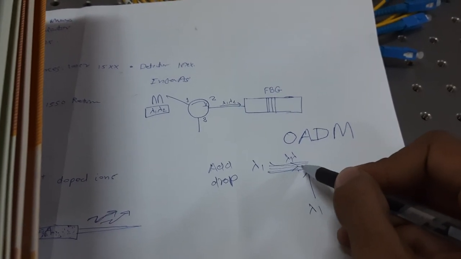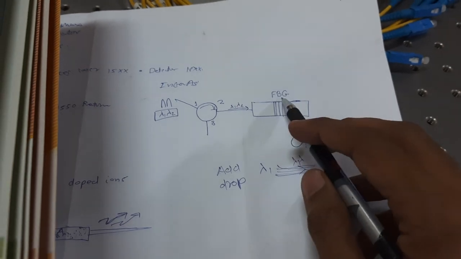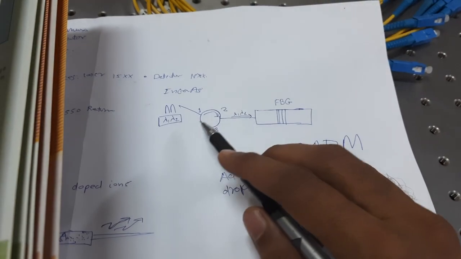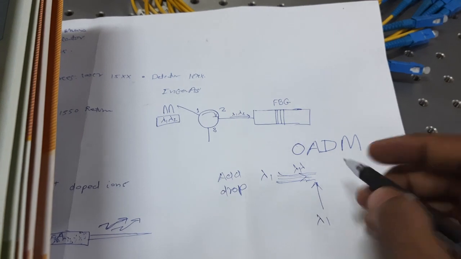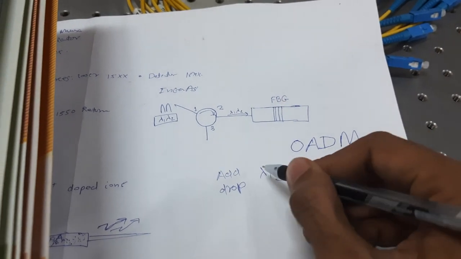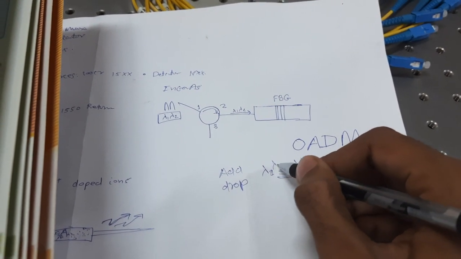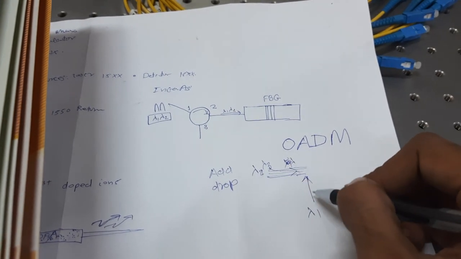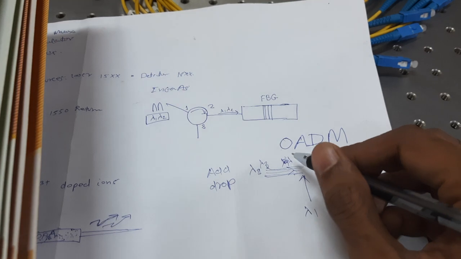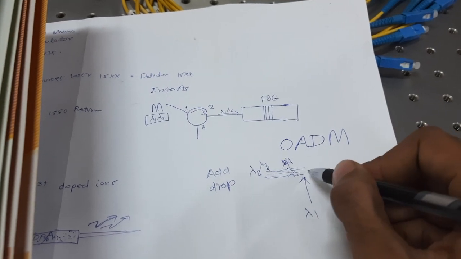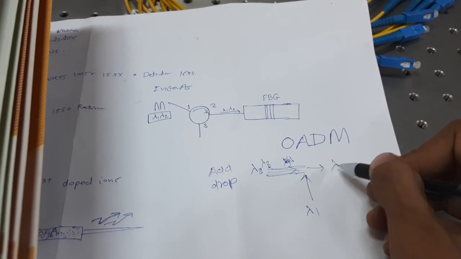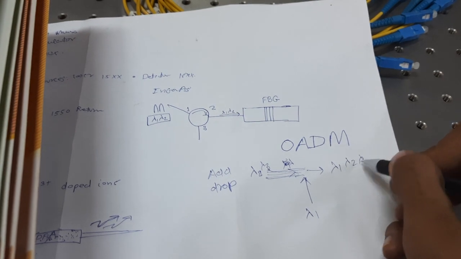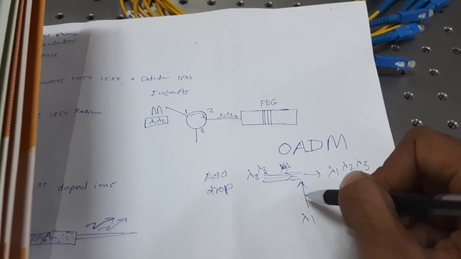You can do it with the help of a fiber Bragg grating and one circulator. So suppose lambda 2 and lambda 3 are coming from here, and you are adding with the OADM. At this end you will get lambda 1, lambda 2, lambda 3. So one signal has been added.